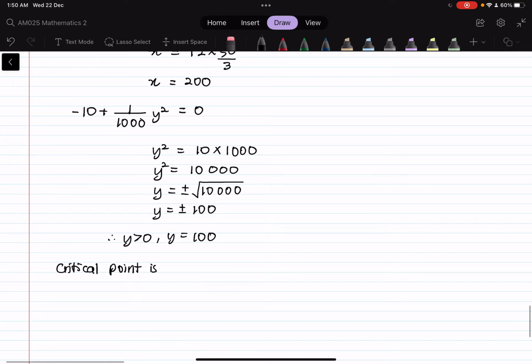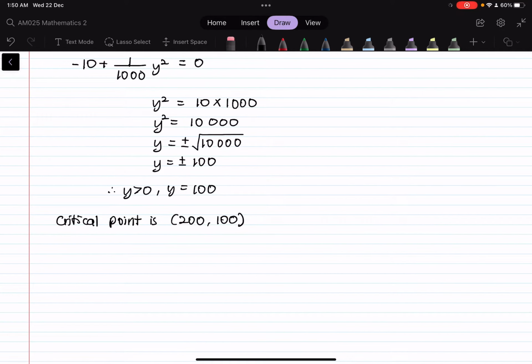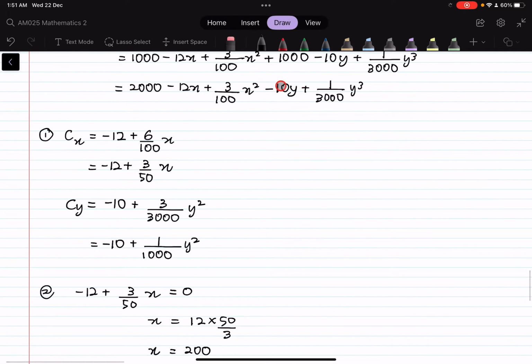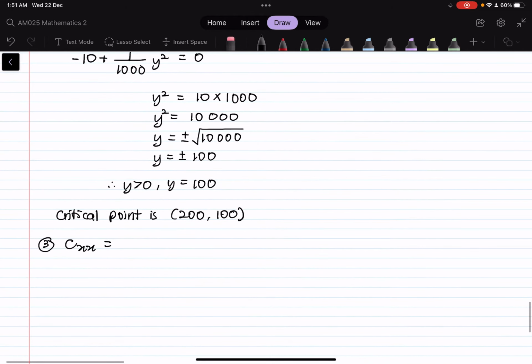Which is (200, 100). What we're going to do with this critical point is substitute it into the D-test, but before that we need to find c sub xx, which is differentiating negative 12 plus 3 over 50x, giving 3 over 50.